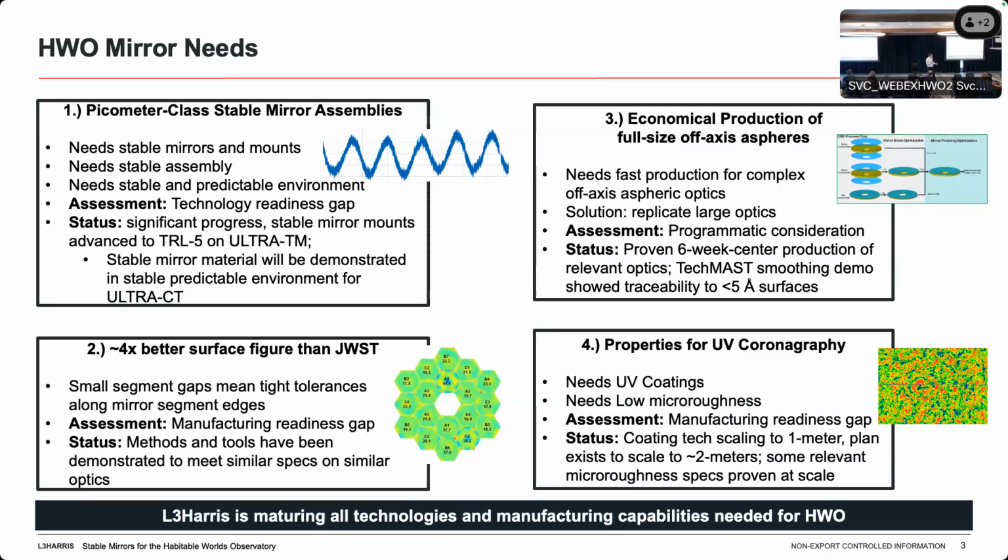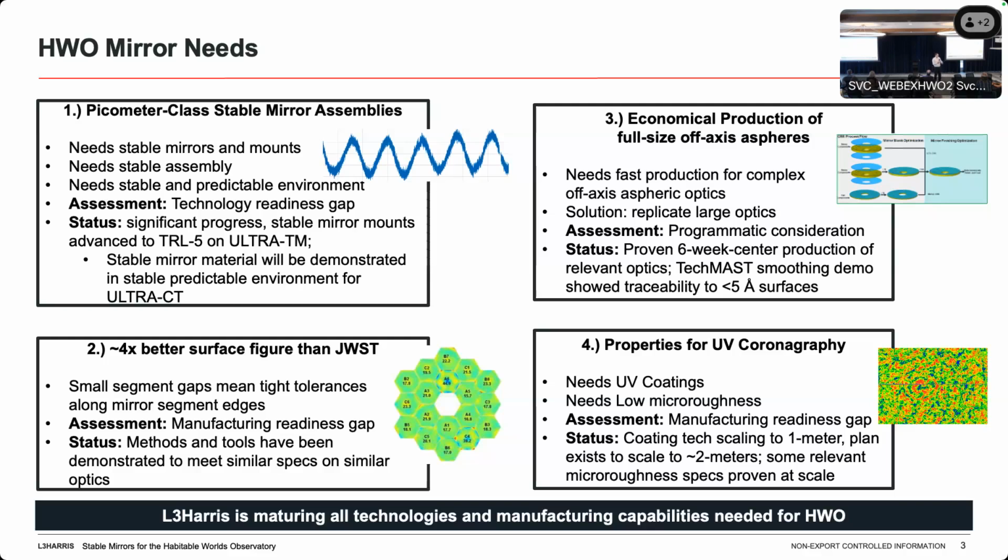And the fourth item here is properties for UV coronagraphy. We've been demonstrating progress towards UV coatings and low micro roughness that's needed to support performance in the UV. And we think that's also a manufacturing challenge. We think it's not really new technology. We think some of the coatings that Manny Quijada, for example, is developing at Goddard are very much ready and proven to a respectable TRL.